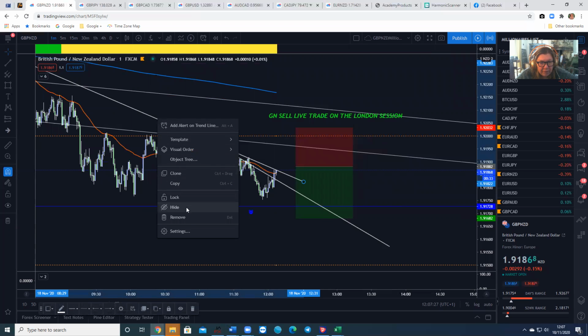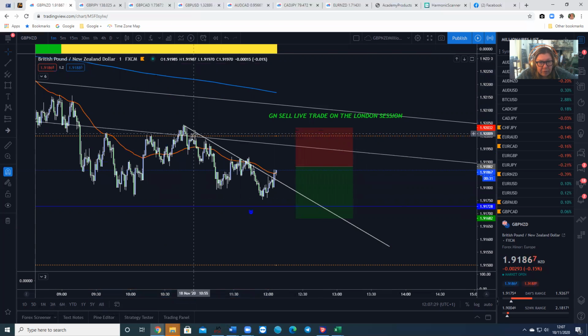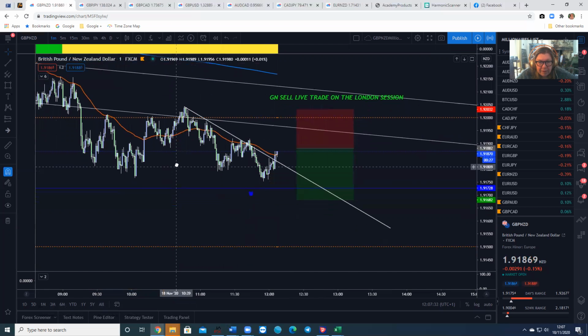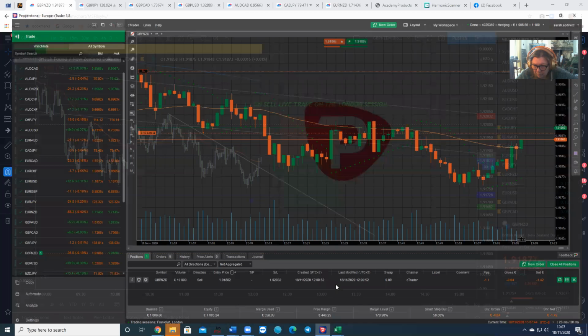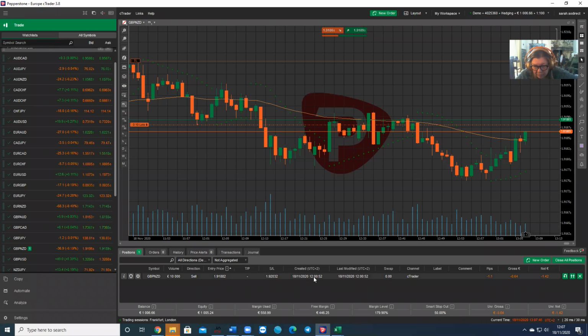I'll just hide that. You want to look at your trend line there. Now it does look like it's pushing up a bit now, because it's broken the 1 minute and it's broken that trend. So yeah, it's probably not going to do a lot more.